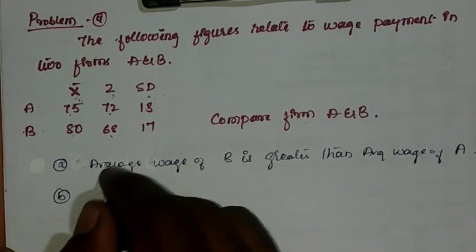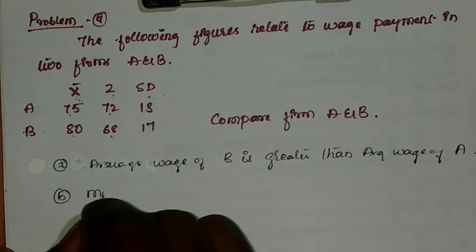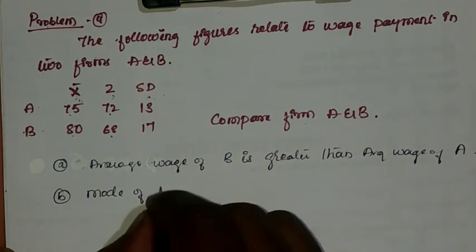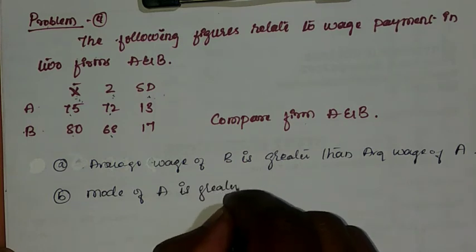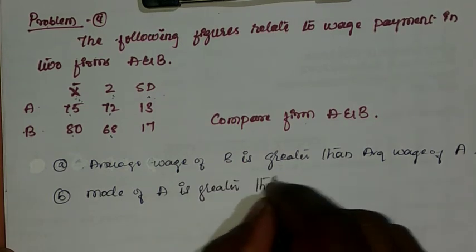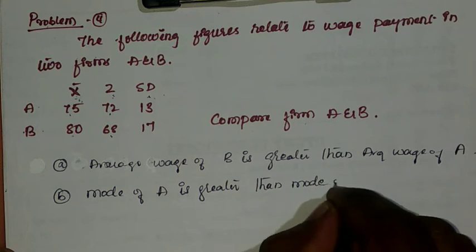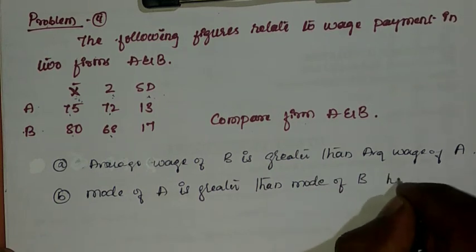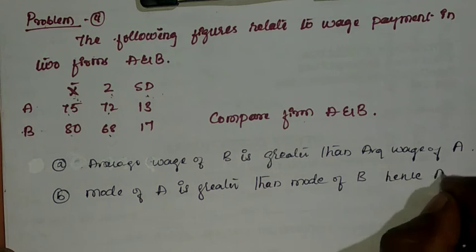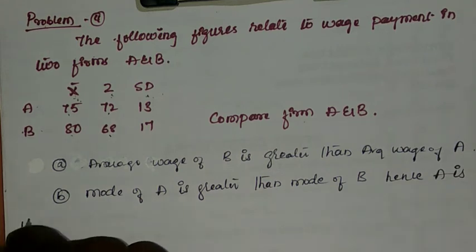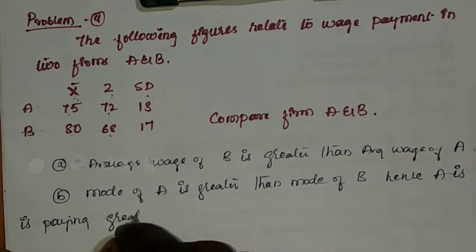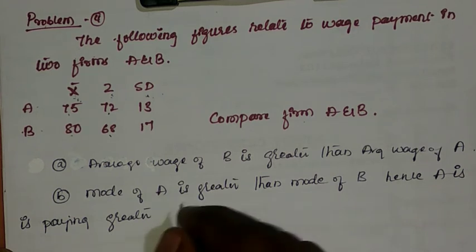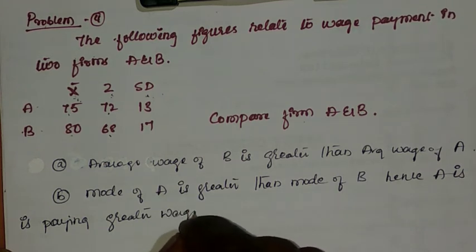So hence the mode of A is greater than the mode of B. Hence A is paying greater wages compared to B. A is paying greater wages.